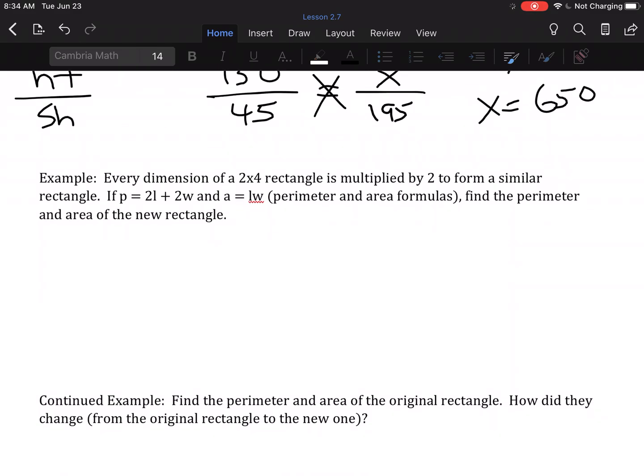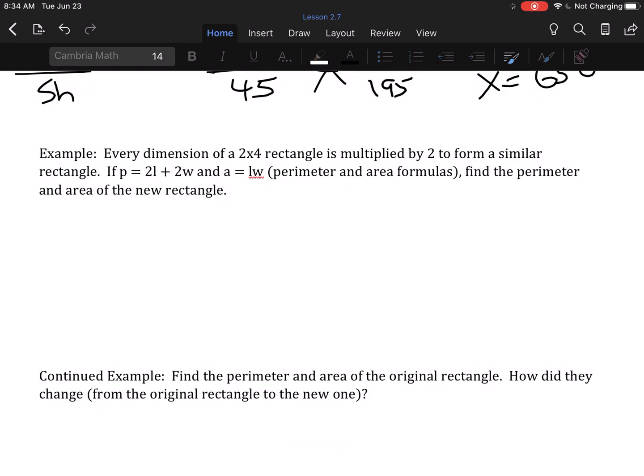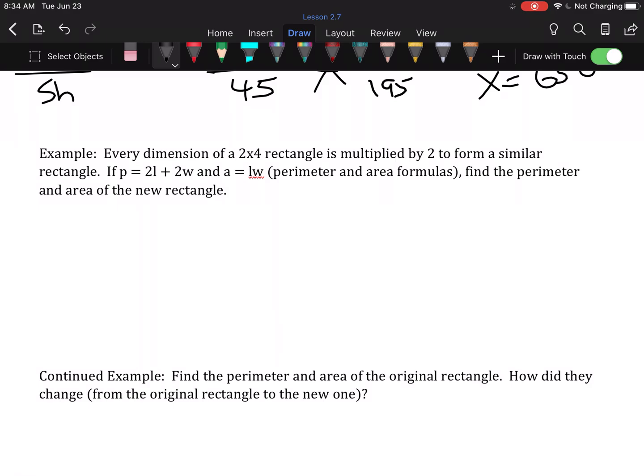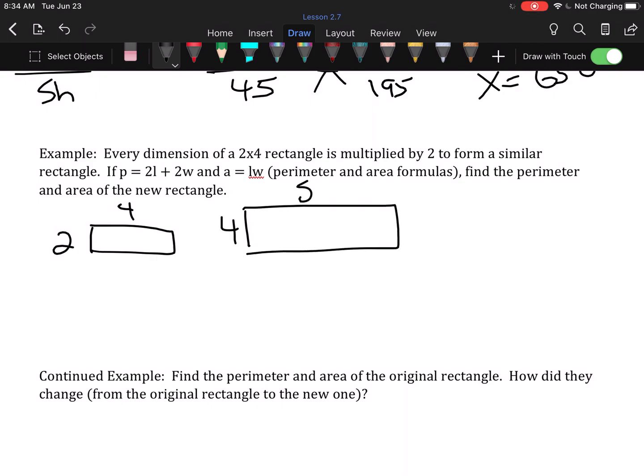Every dimension of a 2 by 4 rectangle is multiplied by 2 to form a similar rectangle. Which means we had 2 by 4, and now we have 4 by 8. So this is the original, this is new. Directions here say find the perimeter and area of the new rectangle, but my continued example says find the perimeter and area of the original, so may as well do them both right now.